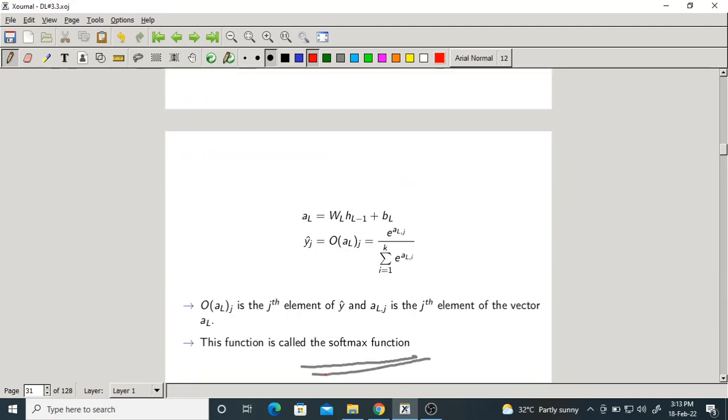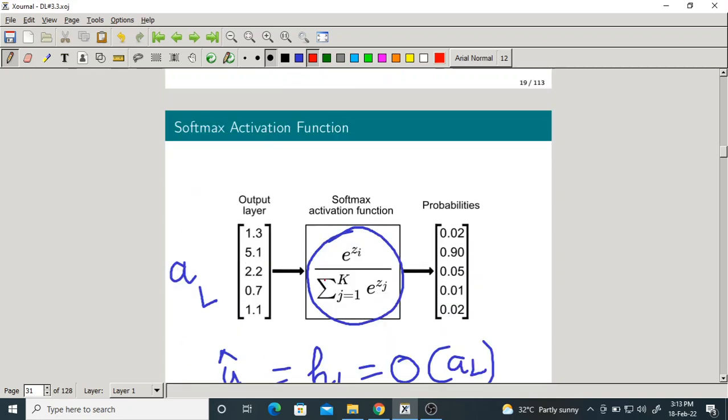Now this is the equation. Don't get confused by the equation, it is very simple. From AL we get the predictions. These predictions follow a probability distribution. In this example, you can calculate the values: all are less than or equal to 1, and if you add them, you get 1.